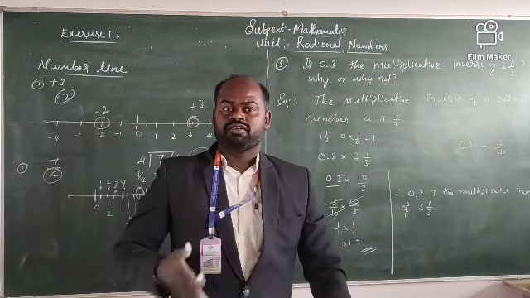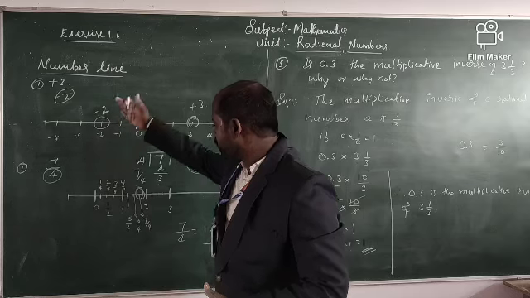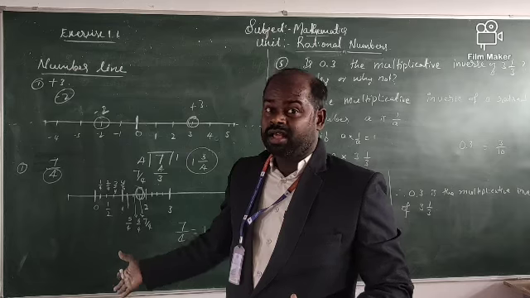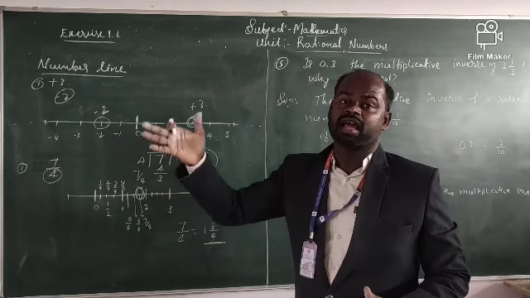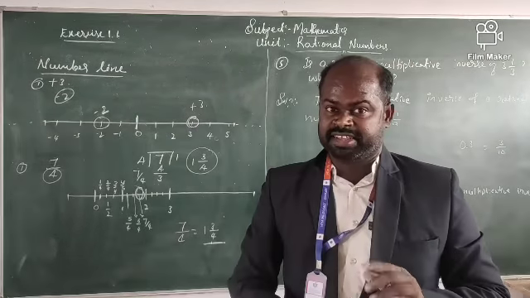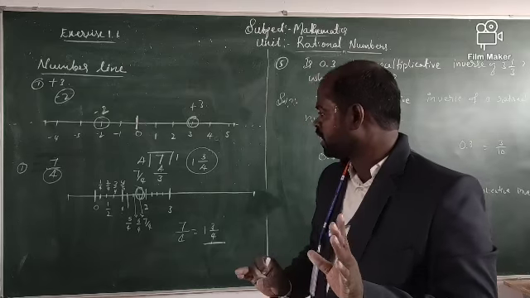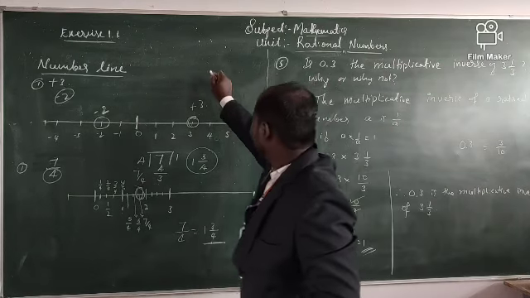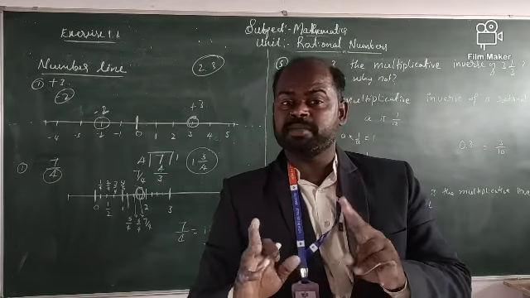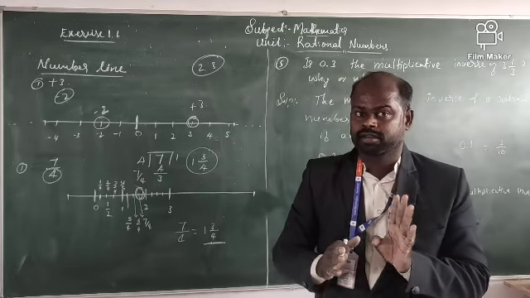In the next class, we are going to discuss number line problems, especially on rational numbers. And also, in the next class, see here 2 and 3 are two numbers. How many numbers are there in between 2 and 3?